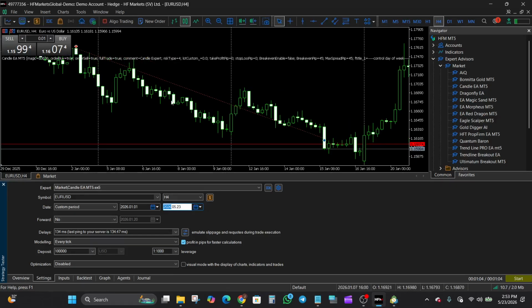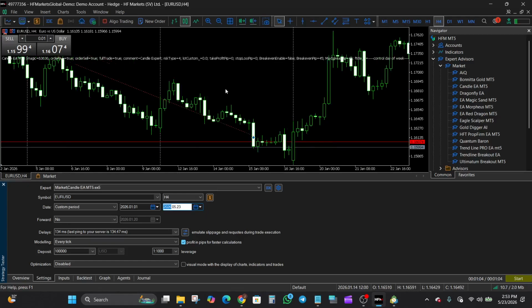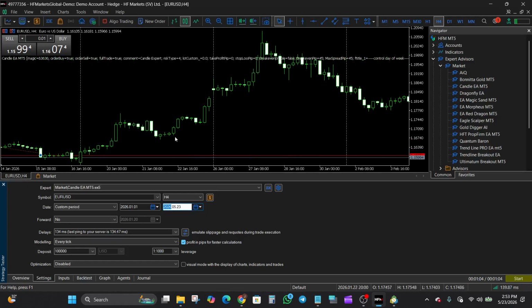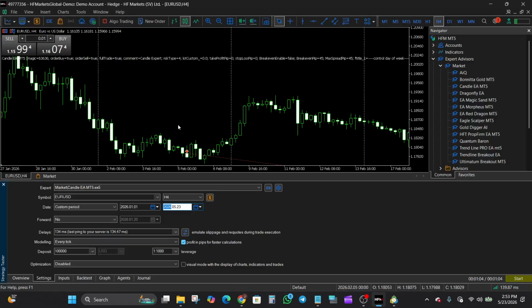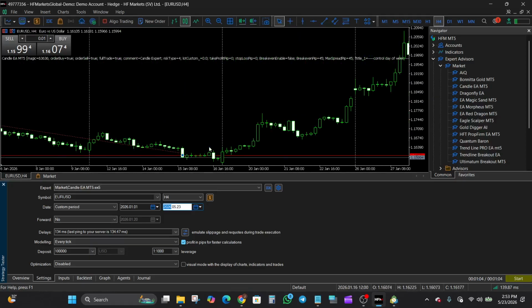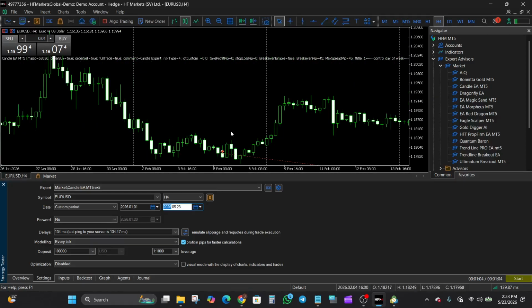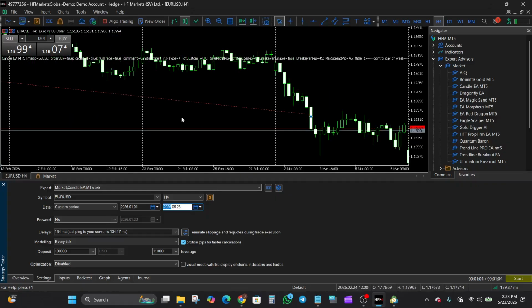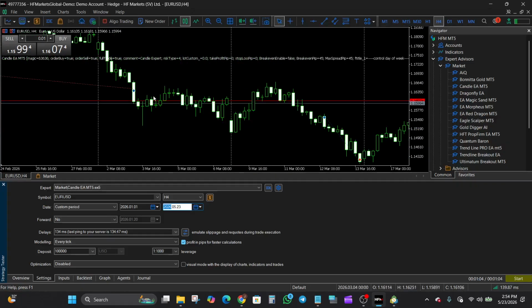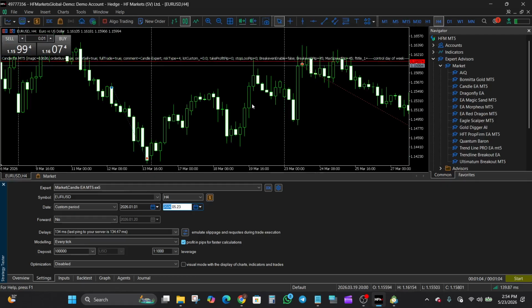So the EA is capable of holding trades for long, though I guess it depends on the time frame that you are executing the trades on. There is also reasonable spacing between the trades. You can see there was a distance of a couple of days between that trade and this trade here, and you can see that this trade also ran for days.